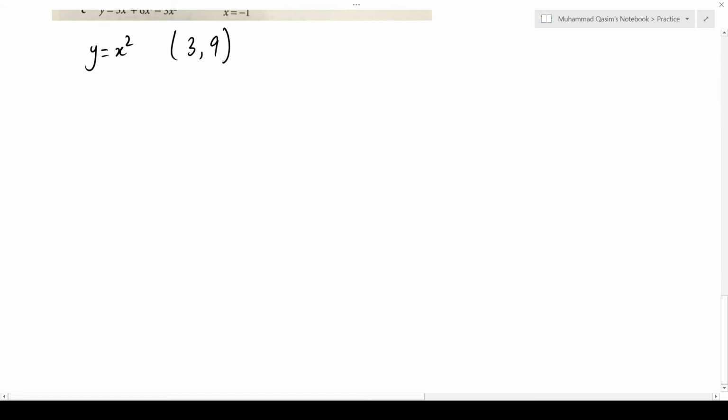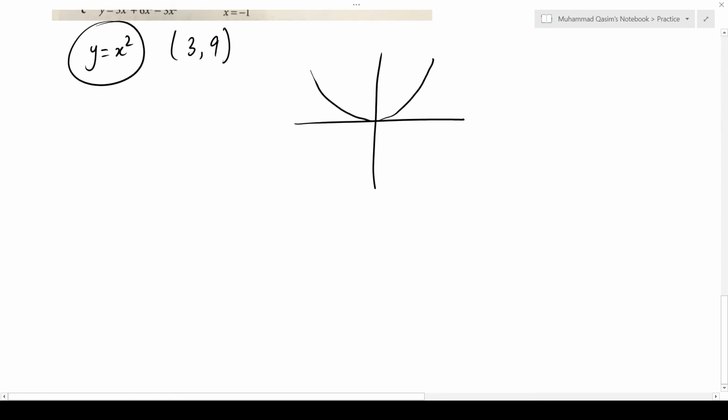Now let me first explain what the question actually is. The question is to find the gradient of this curve. Definitely this equation has a curve. Let me draw the curve for you, which you don't have to draw all the time, but just to help you understand the question. This is how the curve of this equation looks. This is a quadratic equation.